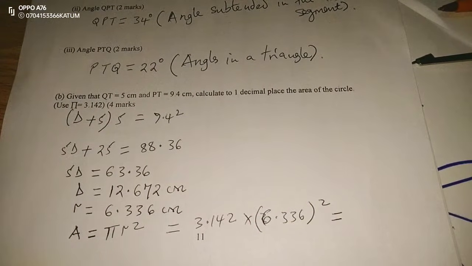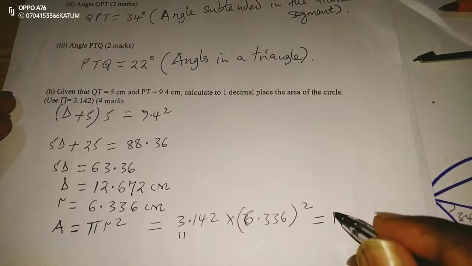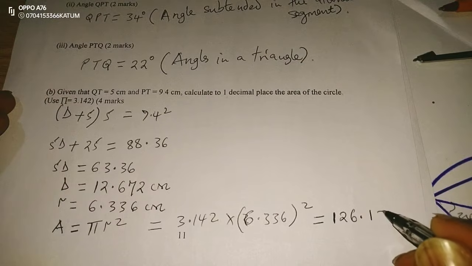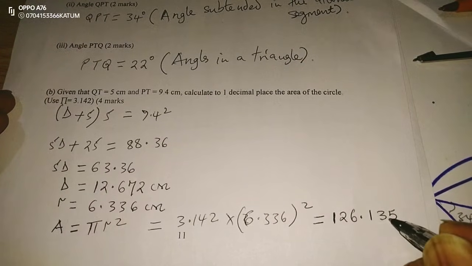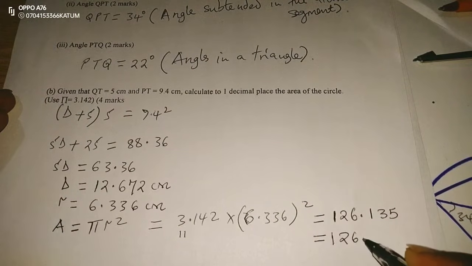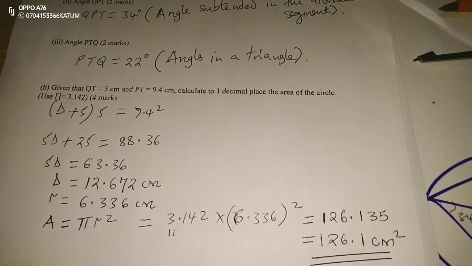So we have 3.142 times the answer squared. This is giving us 126.135. Then according to the instructions, to 1 decimal place, 12.1 square centimeters.